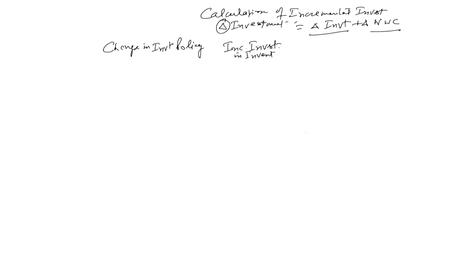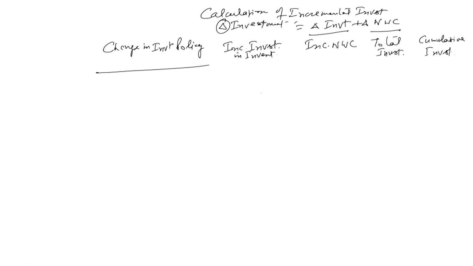Then will be the incremental net working capital, other than the investment in the finished goods, how much it will change. Then we will work out the total investment, and then we will work out the cumulative investment. So, we will have to work out this way, right.